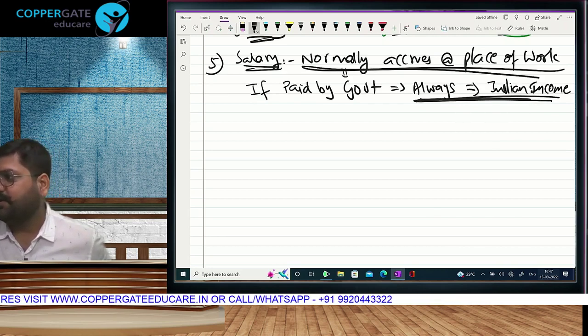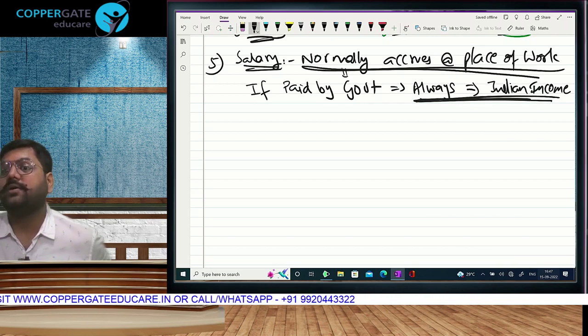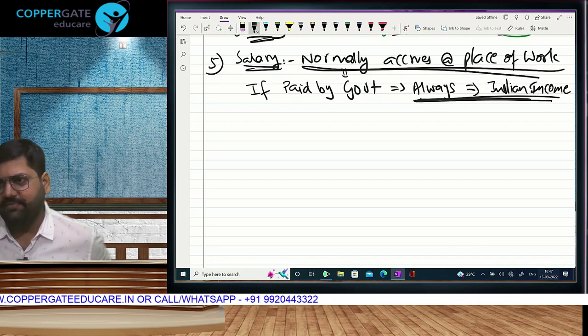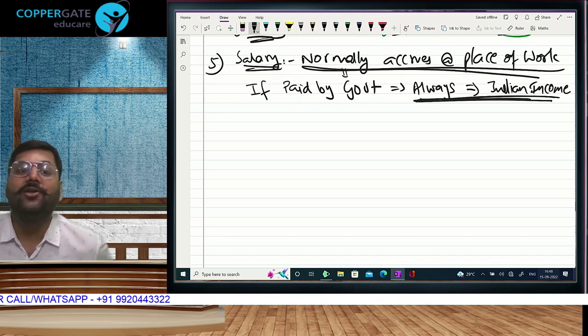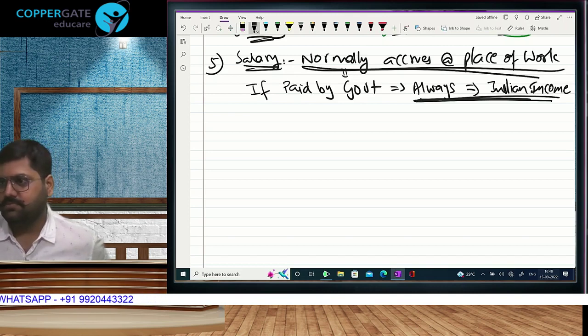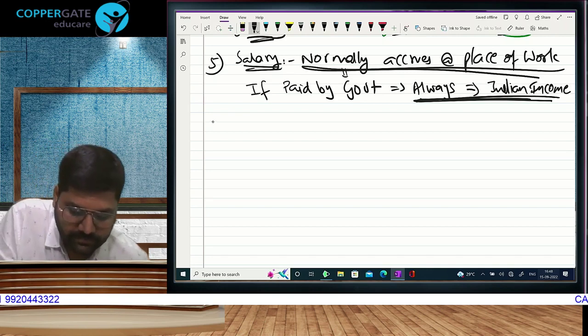We will treat it as Indian income because whenever the payer is government, the income will be treated as Indian income, irrespective of where you are getting paid. Understood? Next.